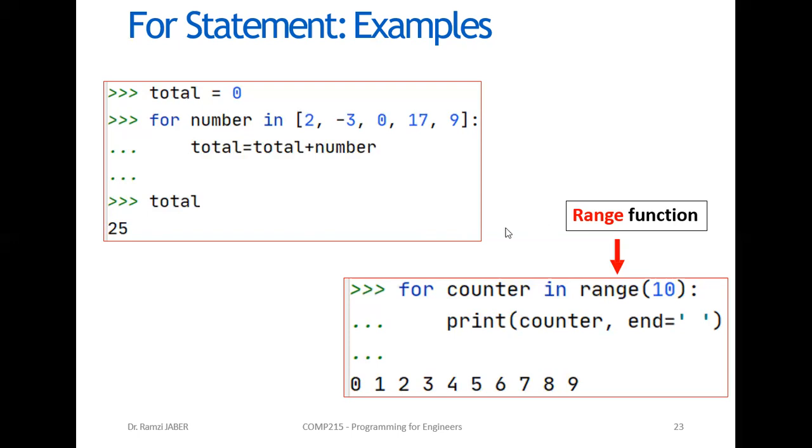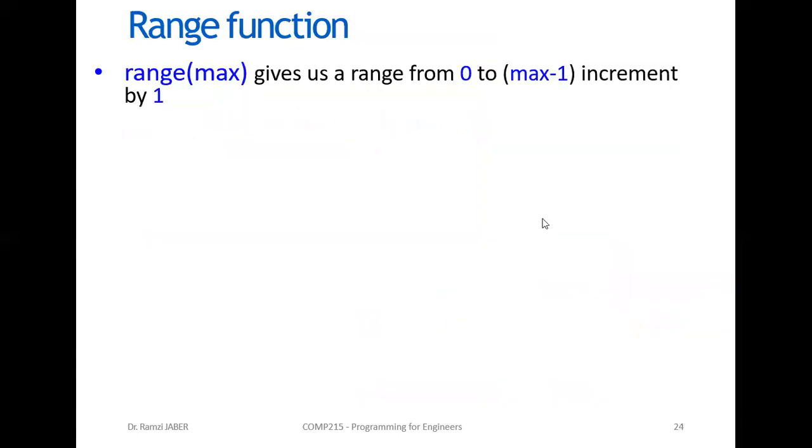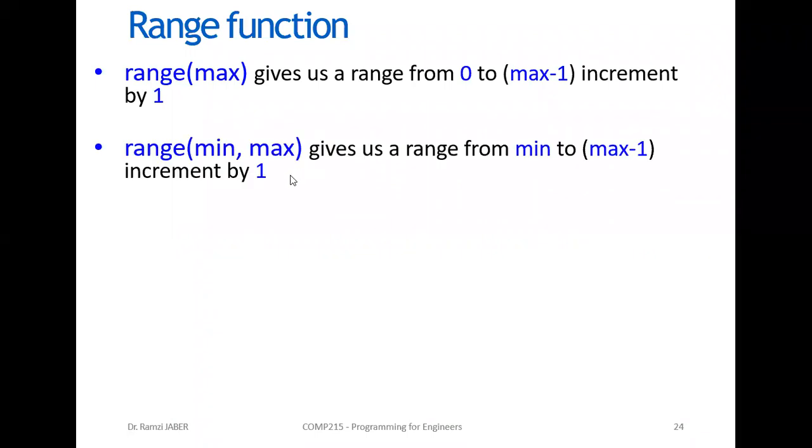Perfect. So the range function, if I put one number value here, max, gives us a range from 0 to max minus 1, incrementing by 1: 0, 1, 2, 3, 4, 5, till max minus 1. But we can use another form: range, minimum, comma, maximum.